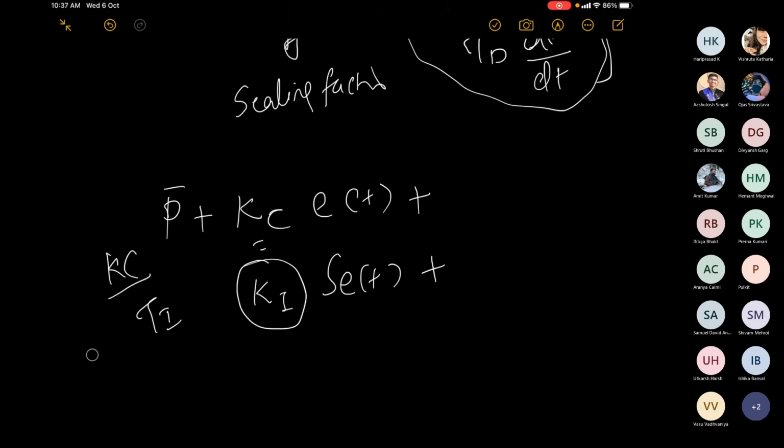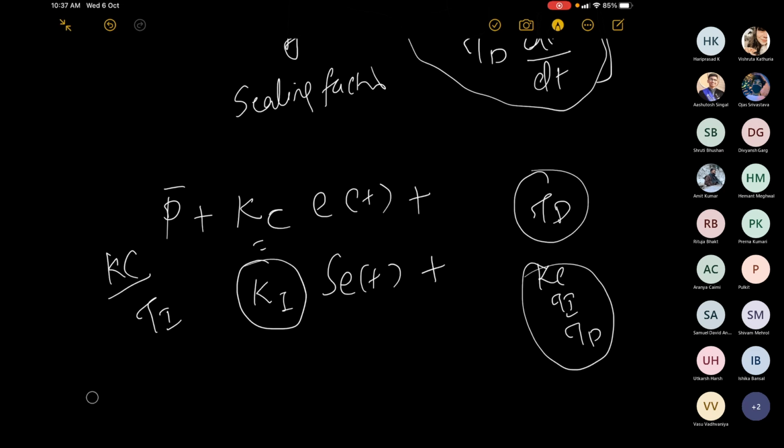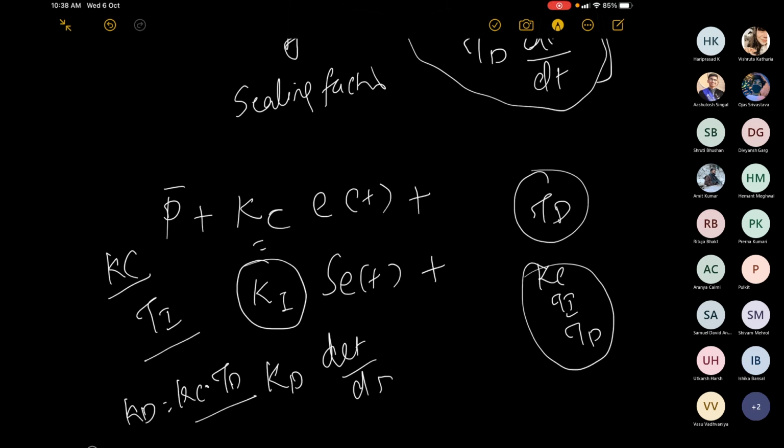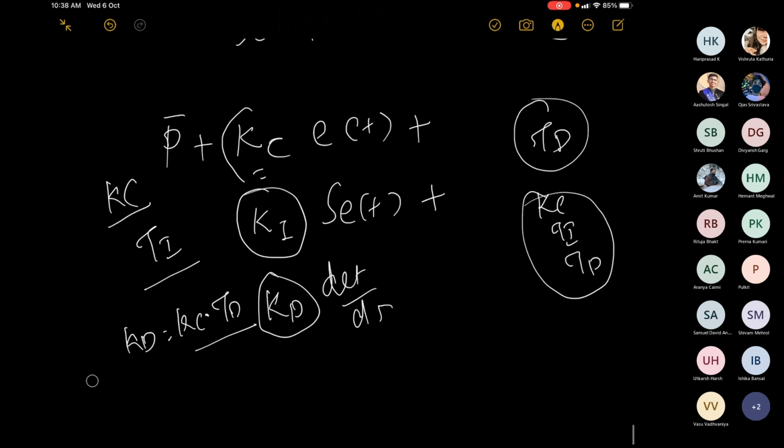And again, when you see a physical controller, if it asks for tau D, these are different manufacturers, right? When you are working with hardware, it's like buying an object from different vendors. Some would like to put these numbers as Kc, tau I, tau D, but someone would like to do it as a simplification of input. So for instance, Ki, and there is also Kd times de(t) by dt, while Kd is Kc times tau D. You might see this version also available in the market.